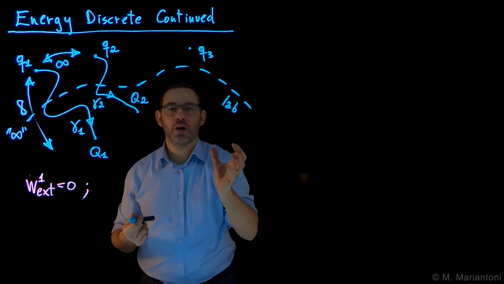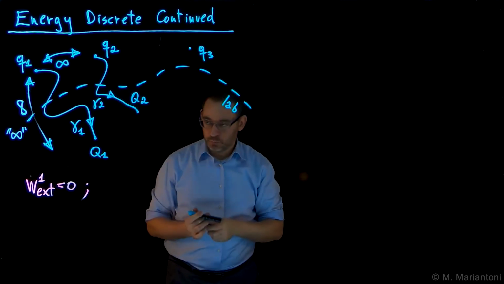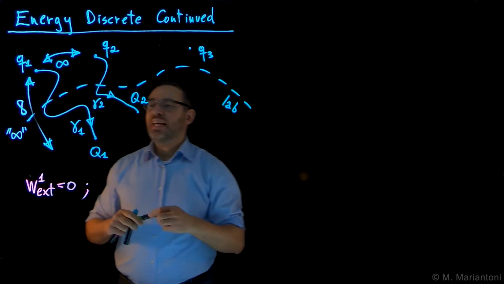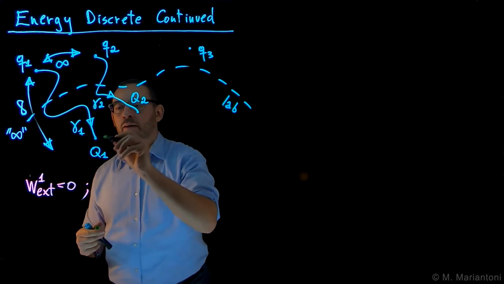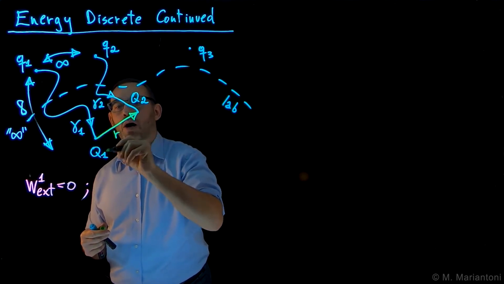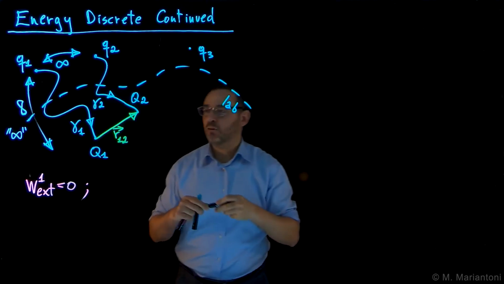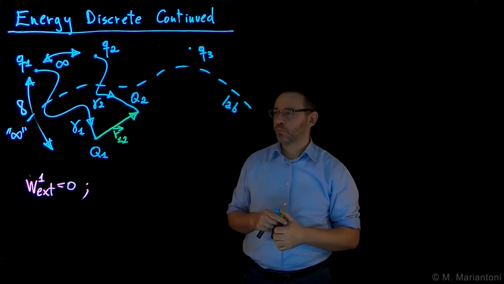Therefore, I need to perform a work against the field forces to bring this particle in the lab. In this case, I'm bringing it in the lab at a distance vector r12, which is the distance in vector form between capital Q1 and capital Q2.